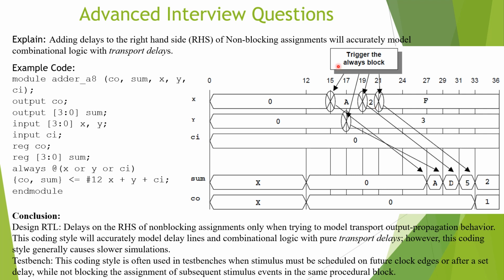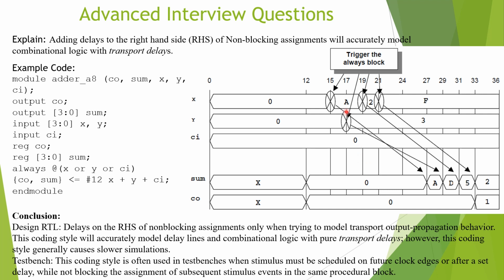The next question is, explain why adding delays to the right-hand side of a non-blocking assignment will accurately model combinatorial logic with transport delay. We take our same example and put the #12 delay on the right-hand side of the non-blocking assignment here, and then we simulate this to observe the waveforms.